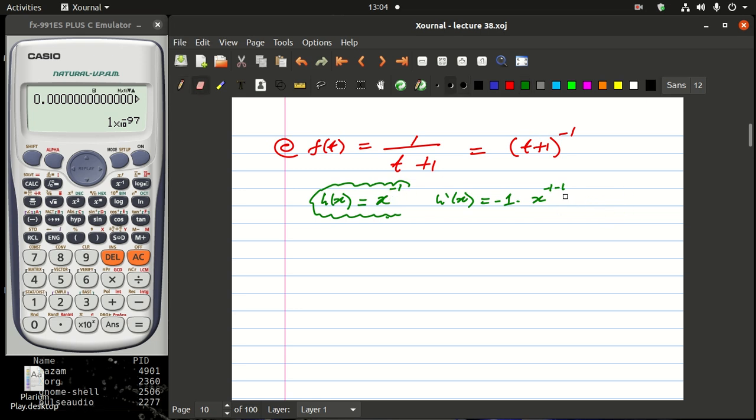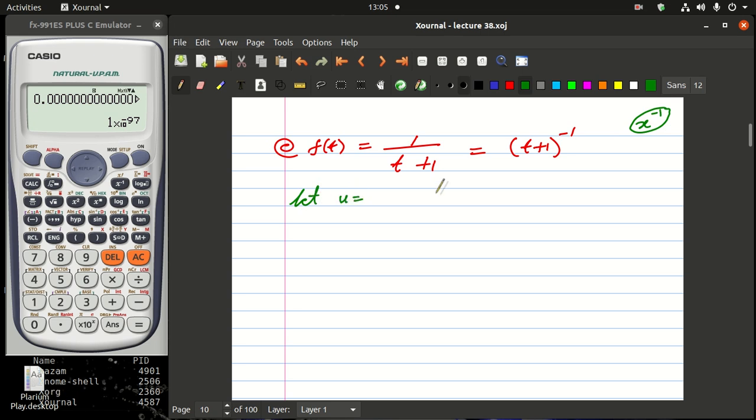So what you actually do here, you want to change this function to a function you are actually familiar with. That's what the chain rule is actually saying. Since you know how to take the derivative here, if there was an x here, x raised to minus 1, you know how to take the derivative of this. So what you do here, you just say let u be what is sitting in the place of x here.